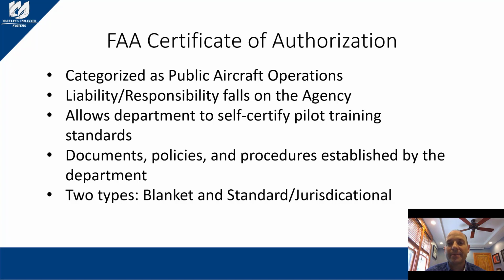So if you have a Class E or B or something like that within your operational area, your jurisdiction over your city, then you're going to have a standard or jurisdictional in order to get certified to fly in that airspace.